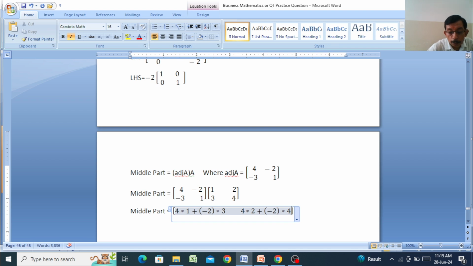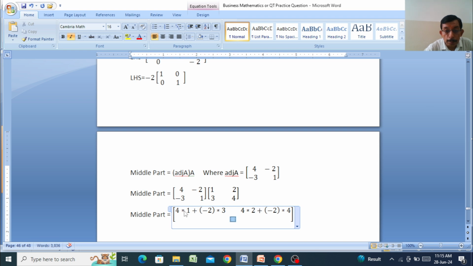Now we come to the second row. The second row first element is minus 3 and the first column first element is 1, so minus 3 multiplied by 1, plus the second element 1 multiplied by the corresponding element 3.